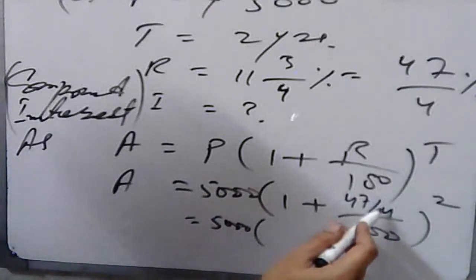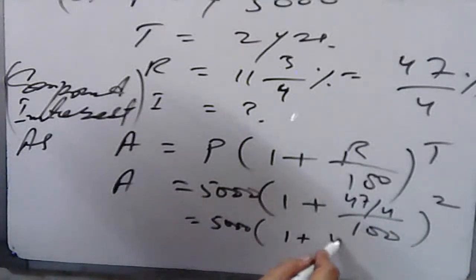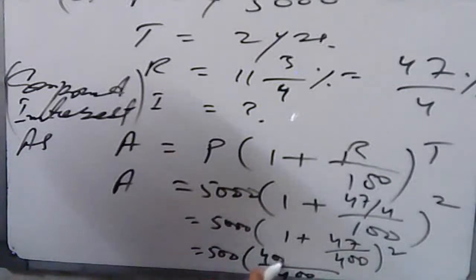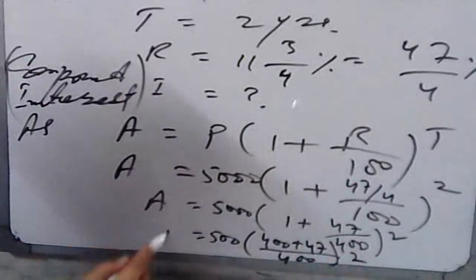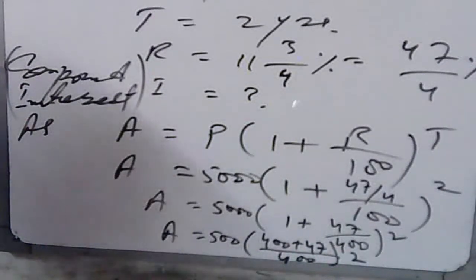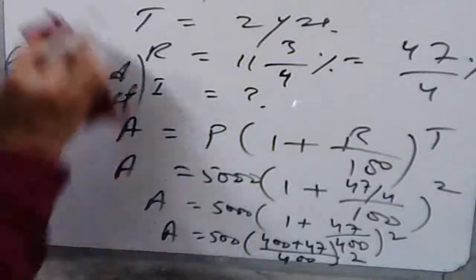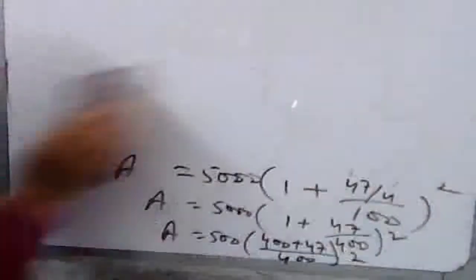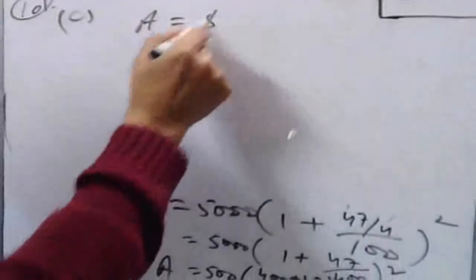So your LCM will be 400, so 400 plus 47 having power square, so that is your amount. After simplification, your amount is $6,244.03.